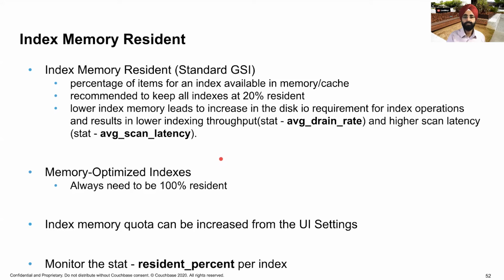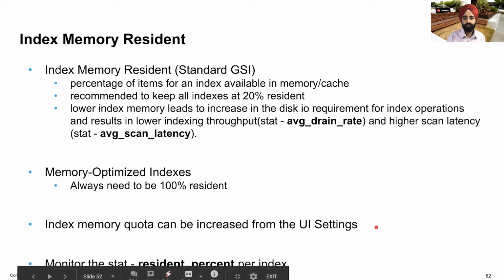And it results in lower indexing throughput, which is the drain rate, or a higher scan latency. Memory optimized indexes are always 100% resident. Now, if the memory is determined to be low, then that can be changed from the UI settings.